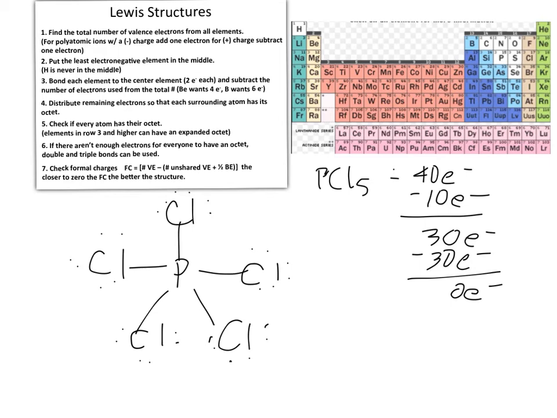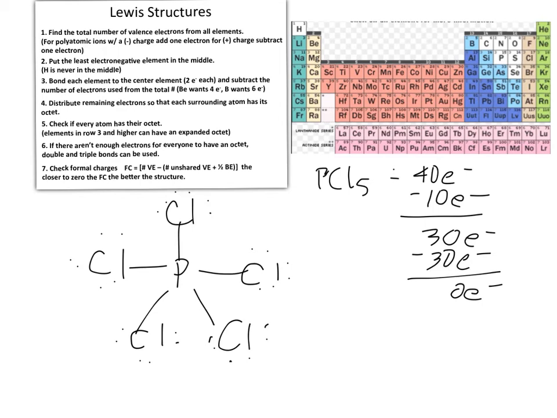They can mix d orbitals with their s's and p's and subsequently give you more bonding capabilities, so they can hold on to more electrons. Because of this, we get structures such as PCl5.